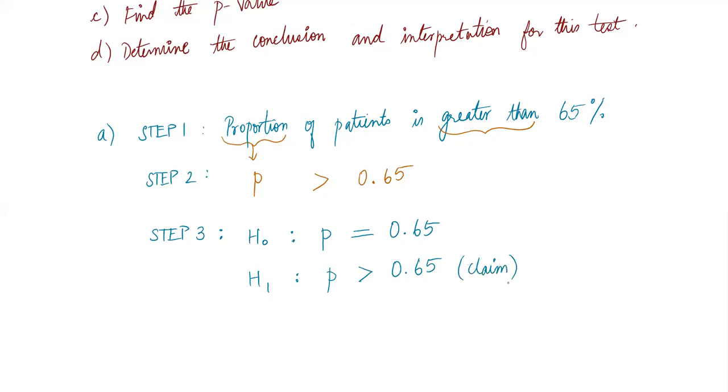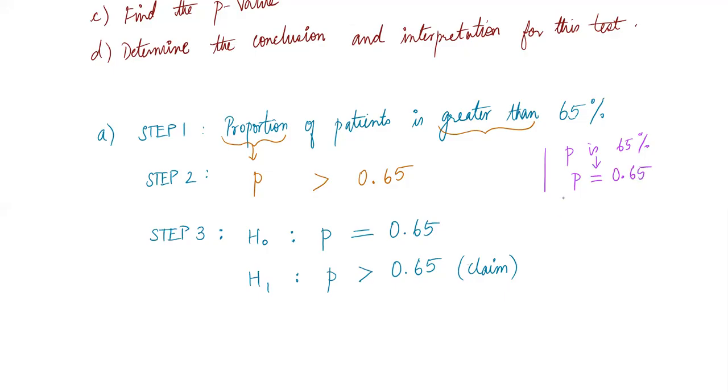Okay. A quick check. If the claim said the proportion of patients is 65%, I'm going to erase this after I explain this, but just a quick notation for you. If they said proportion is 65%, that means P equals 0.65.